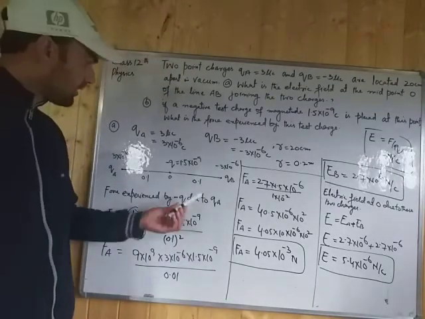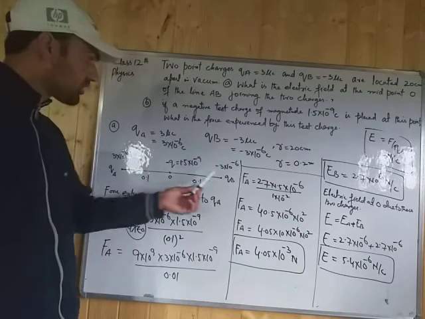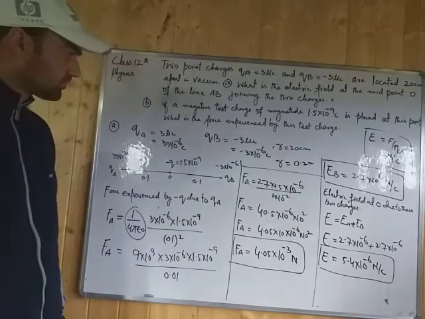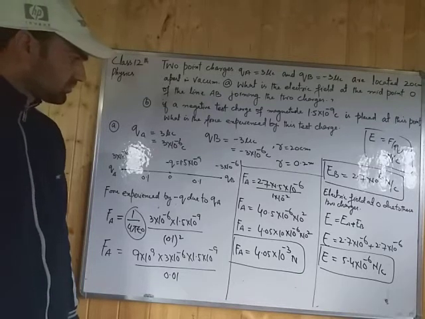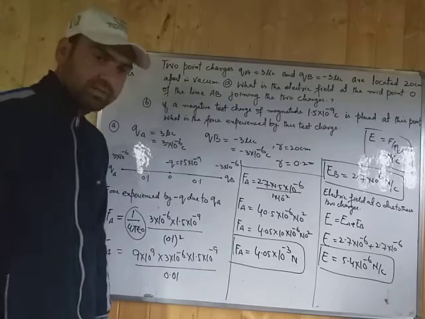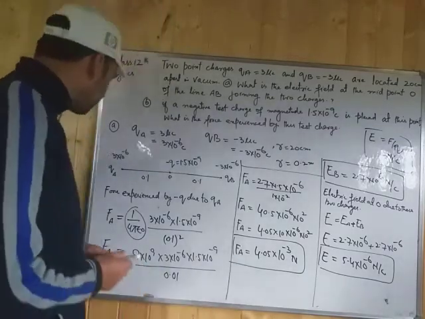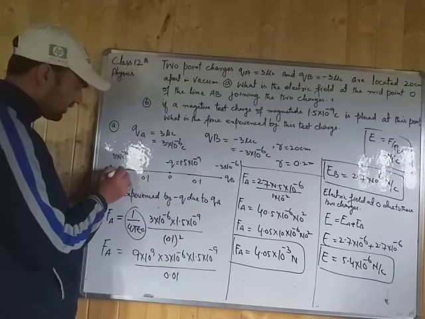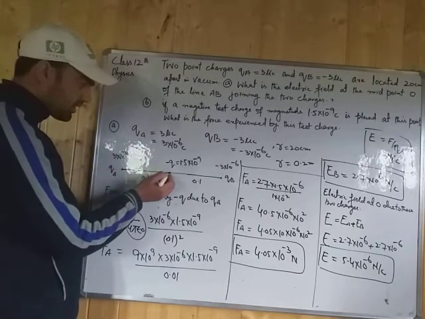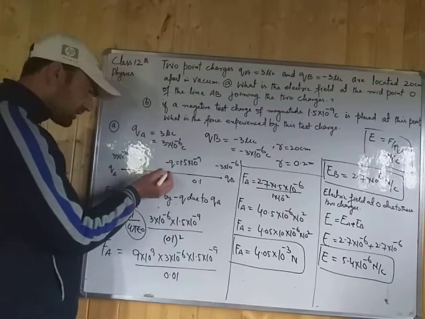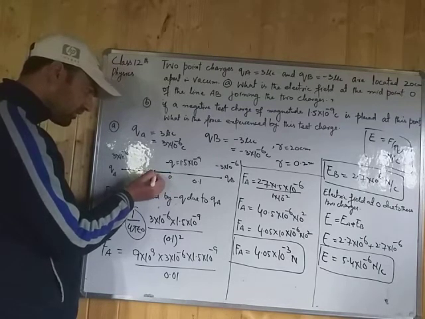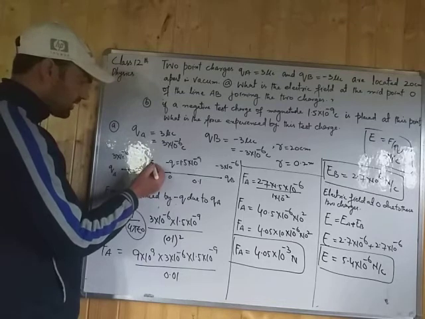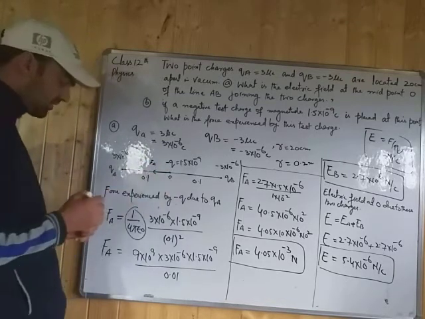Second, we will calculate the force experienced by this negative charge due to QB. So the direction of force will be, here it is a positive charge and it's a negative charge, so it will attract it in this direction. So you can write FA, direction towards here.